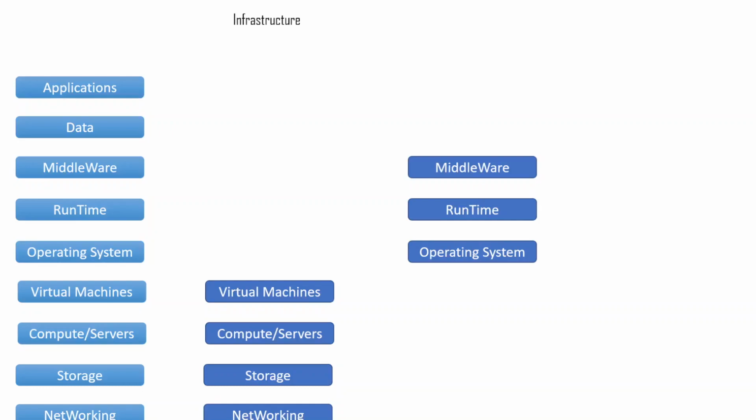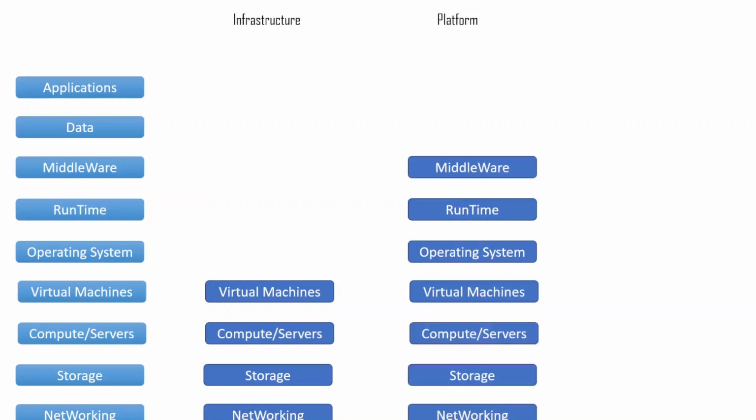Let's say if we are storing any organizational data, we need some DBMS services like Microsoft SQL Server or IBM DB2. So with these three, we are actually talking about the platform. So on top of the infrastructure, we also need some platform.